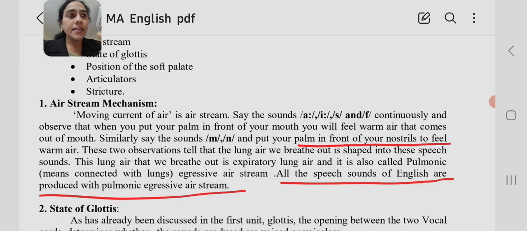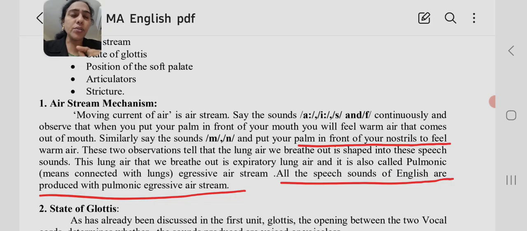S. In front of your nostrils, or in front of your mouth, when you put your palm, you feel that warm air. It decides whether the sound belongs to the consonant category.